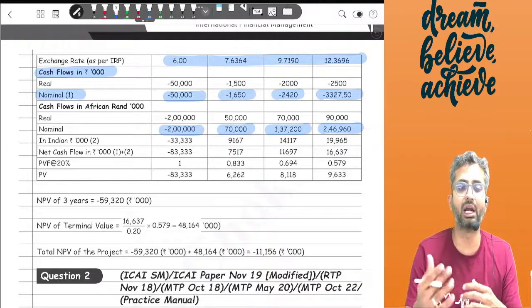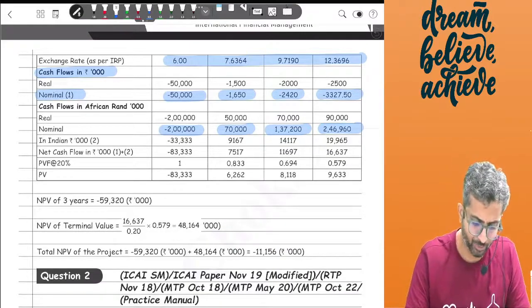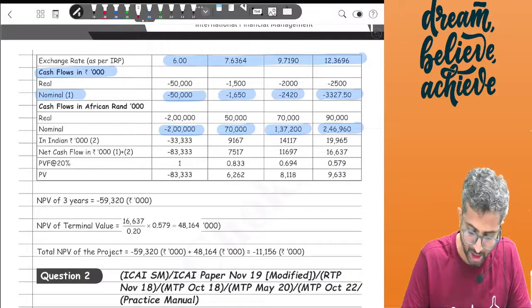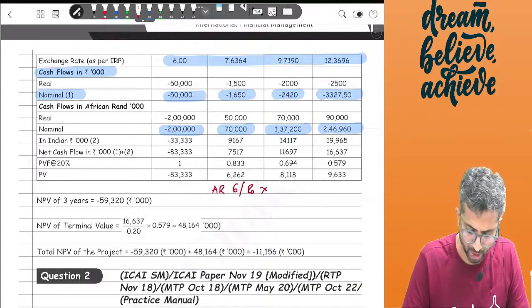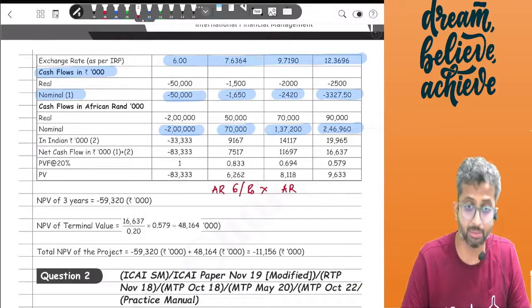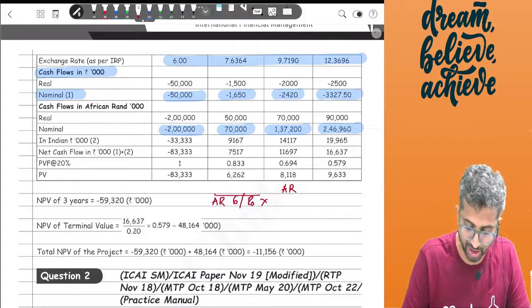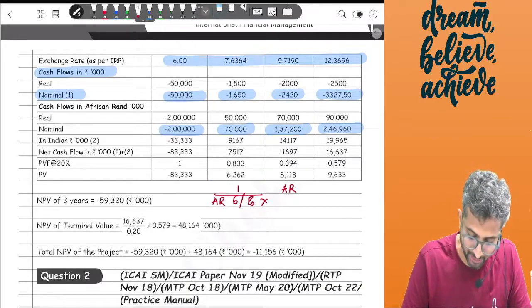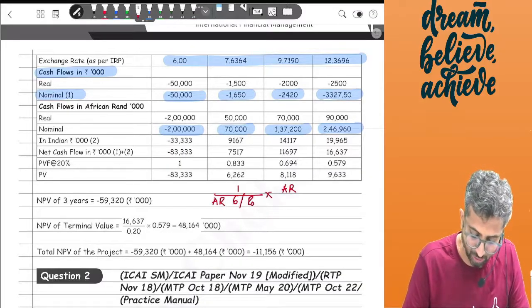So African Rand should be cancelled. The workings over here: African Rand 6 per rupee into the African Rand would give African Rand squared, and hence I will have to take the inverse, 1 upon African Rand. So I will divide each of these cash flows.